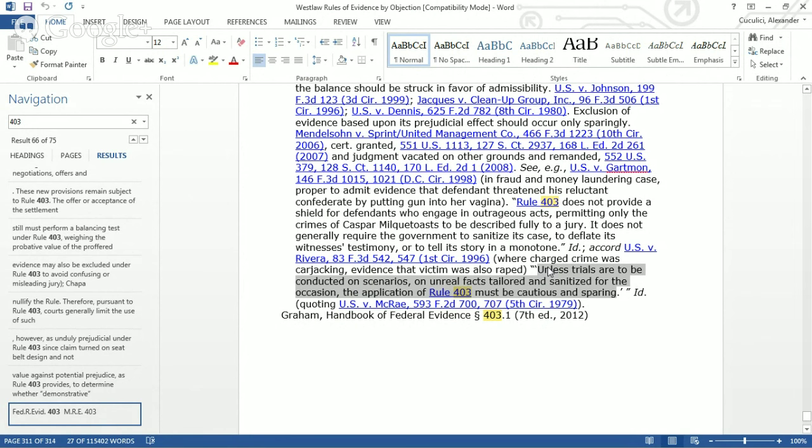So that's not what 403 is asking us to do. That's not how 403 should be used on your part, because people aren't going to like that. This is like the general prevailing opinion in the legal community about 403. So the application of 403 must be cautious and sparing. There are times it happens more in mock trial than it does in real life, but be cautious in using it, know how to respond to it, and understand how it underlies the rest of the rules.